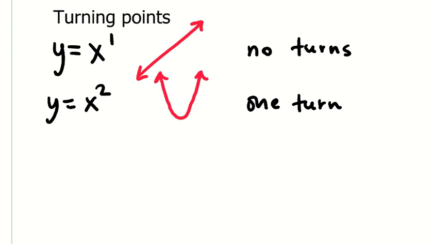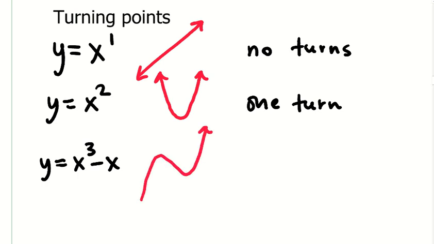What I'm saying is that for degree 3, something like x to the third minus x, I can just tell you that's going to have a shape like that. That has 2 turns. But it could also have no turns. That's entirely possible as well. Like when we looked at the graph of y equals x to the third, it just was flat for a second.